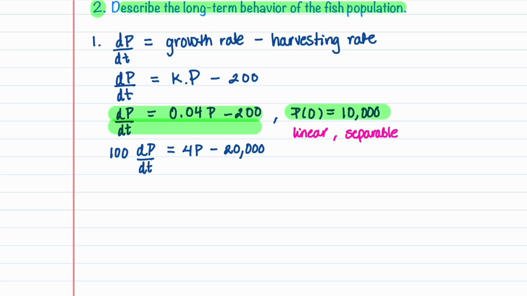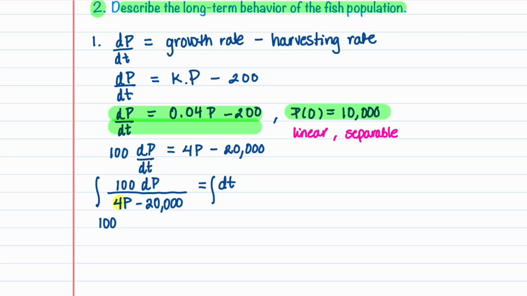Now let's separate the variables. On the left, we have 100 dp, and we're going to divide this by 4p minus 20,000. And on the right, we get dt. Now we can go ahead and integrate both sides. We have 100, and because of the 4 here, our derivative needs to be 4 dp.